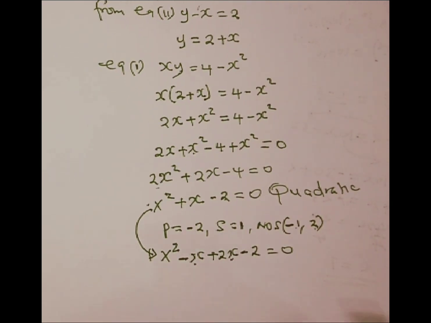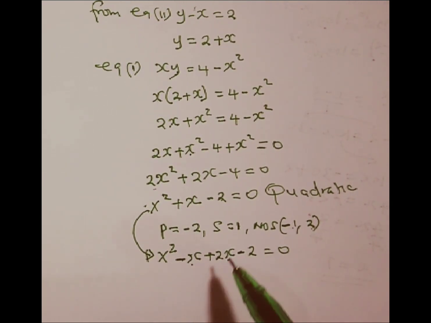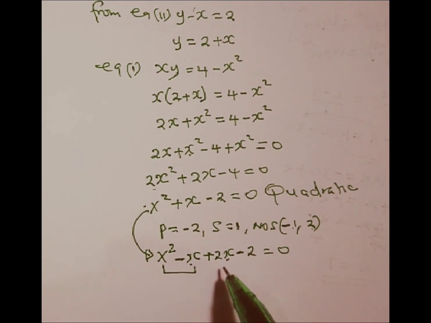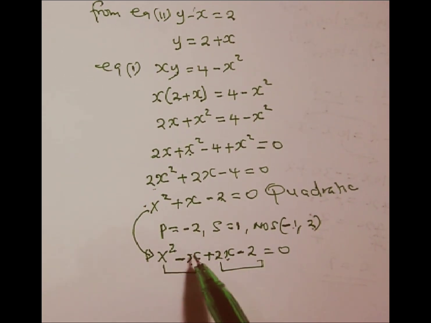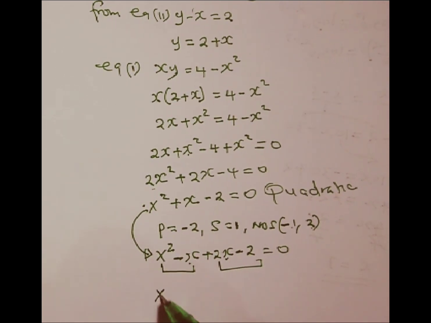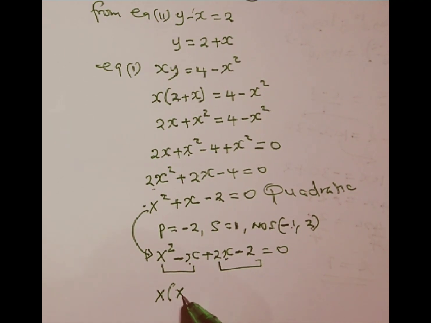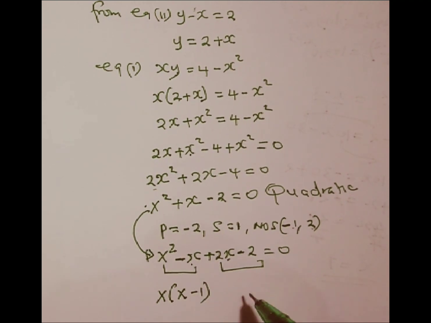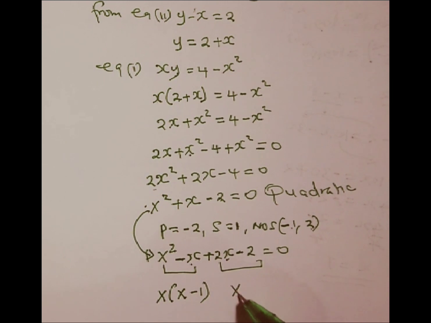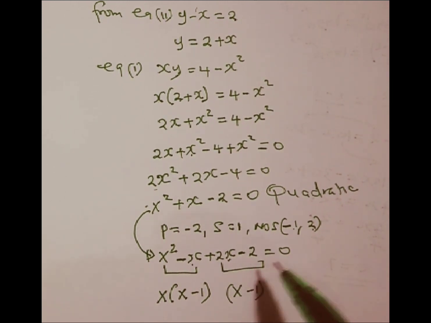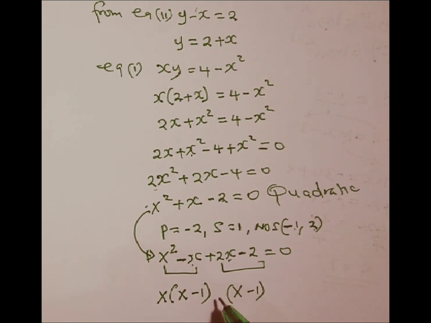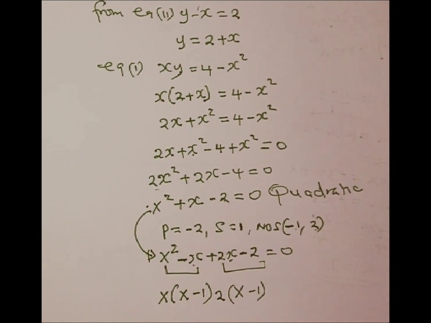From there, we factorize them in pairs. Between x squared and minus x, we have x being common, giving us x minus 1. And if we place this bracket x minus 1 here and consider the second part, we are going to have positive 2 out here.